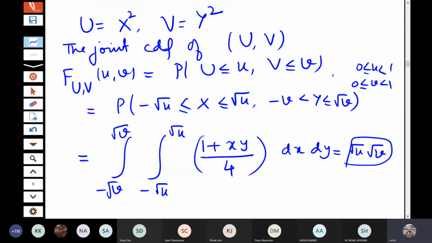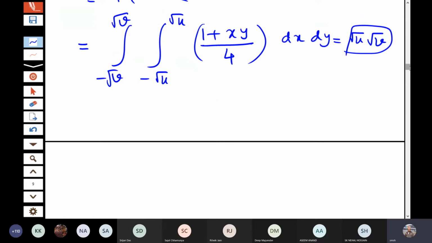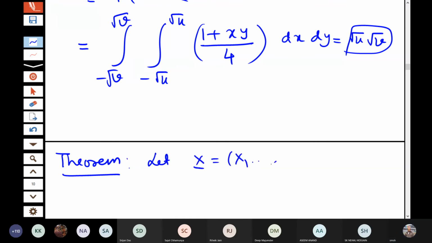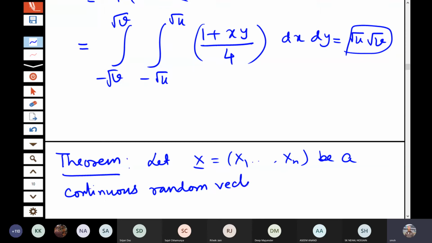Now let us look at a general result in the case of continuous random variables where we use the Jacobian. I will state the result in the form of a theorem. Let X be a continuous random vector with joint PDF.